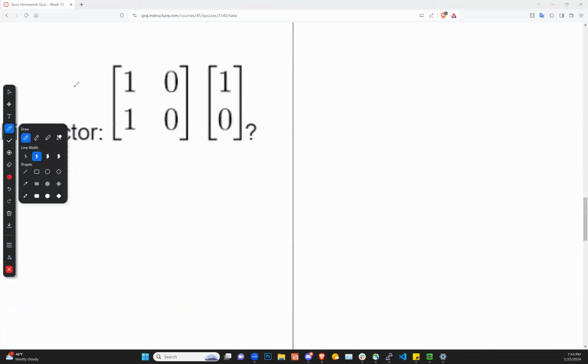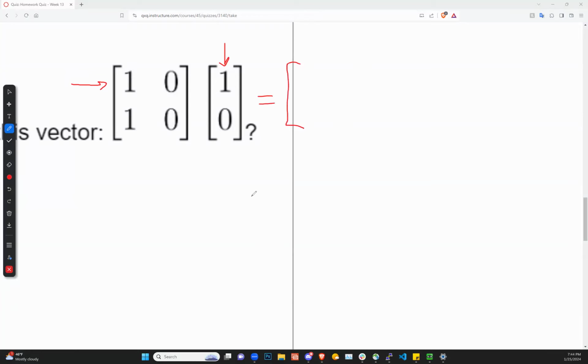There are multiple ways to do this, but what I am going to do is a method that I've seen students really like. If this method doesn't really make sense to you, and you have another way you like to do it, that is totally fine. But I like to draw these arrows here. So the arrows tell me that I'm going to multiply across this row here and down this column here.